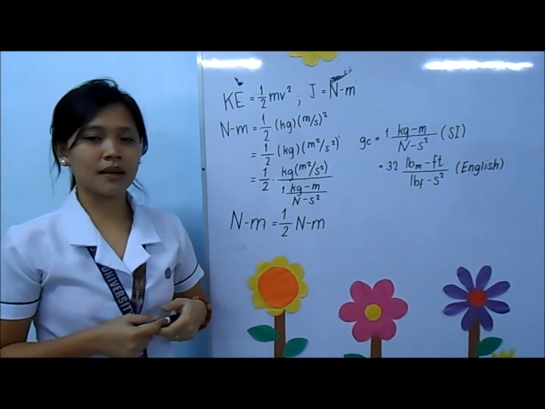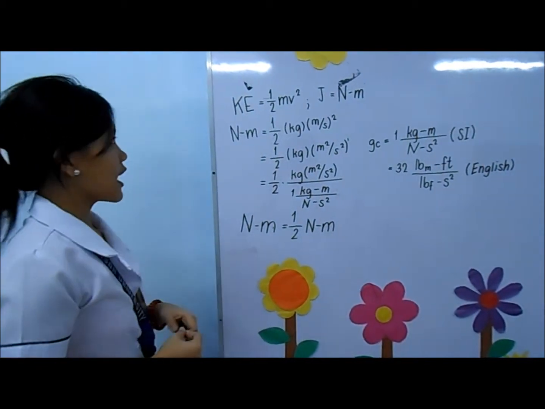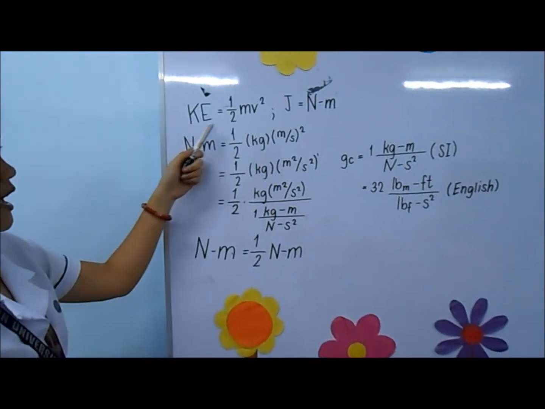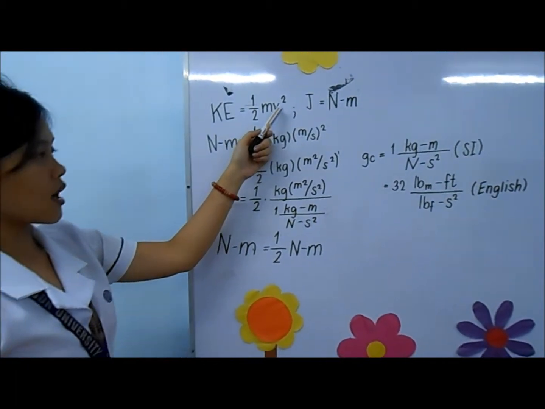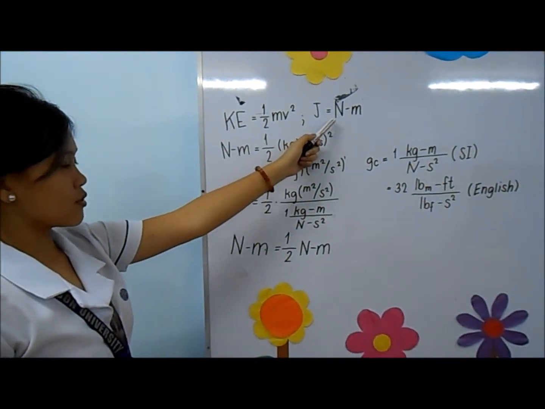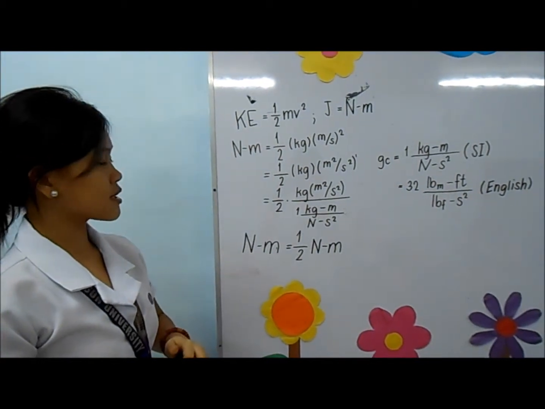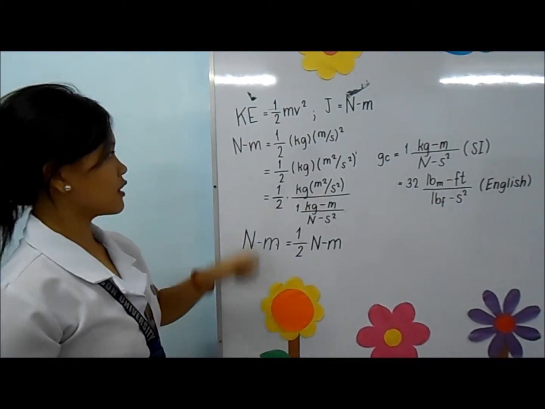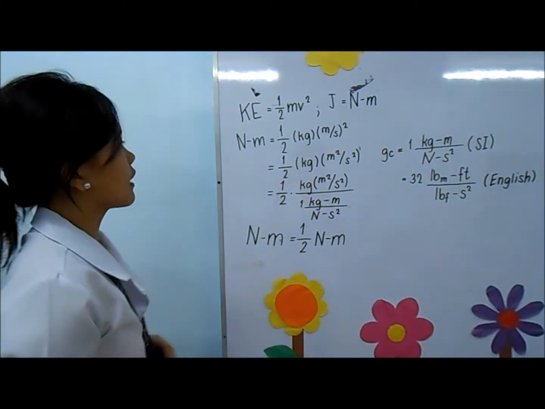Upon discussing what dimensional homogeneity is, let's have some basic examples. Here we have the kinetic energy given by the formula 1/2 mass times velocity squared, wherein the resulting unit would be joule, which equals Newton meter. In testing if an equation is dimensionally homogeneous, let's put the desired unit on the left side and the formula on the other side.